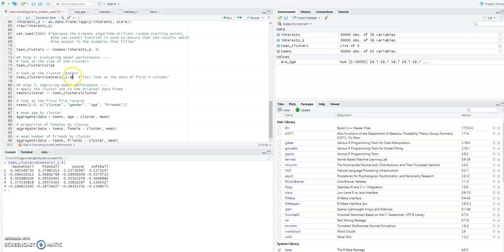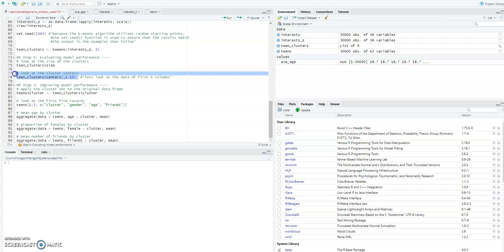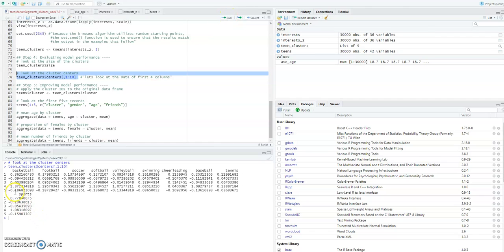So once we have done that, we can also take a look at other variables. So let's take a look at the first 10 columns of interest. Okay, I will get back to the fifth cluster a little later, but maybe we should look at more cluster centers.